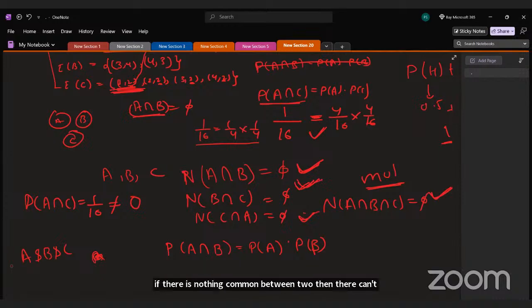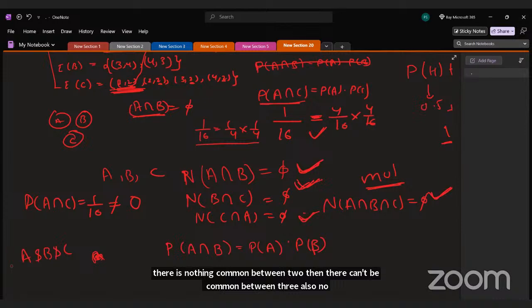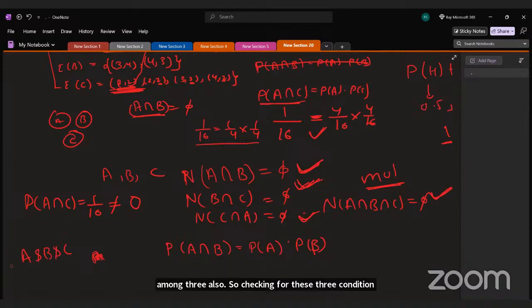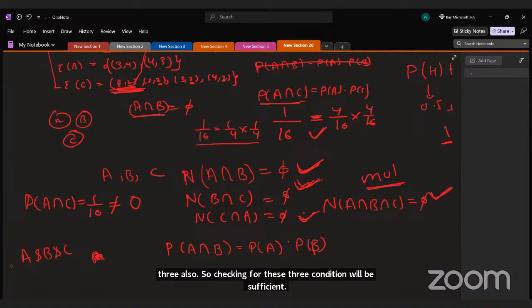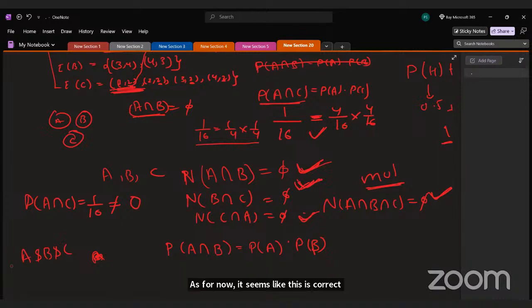If there's nothing in between these three conditions, it will automatically be correct.